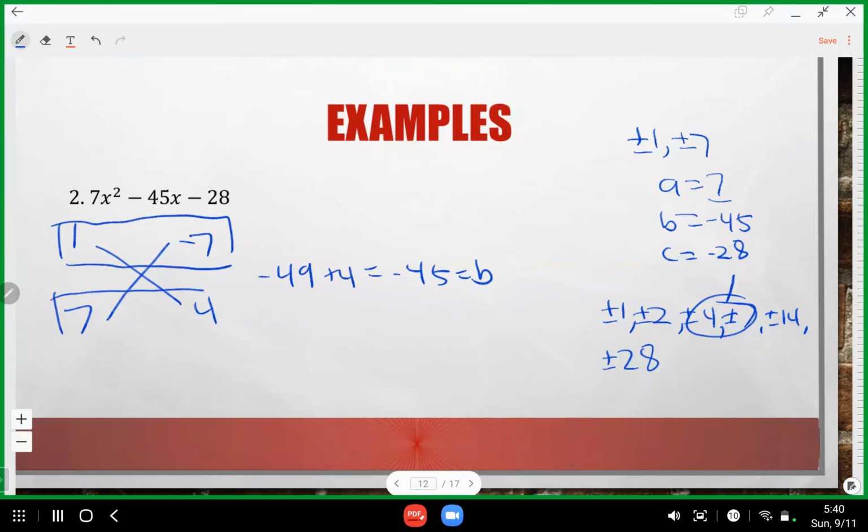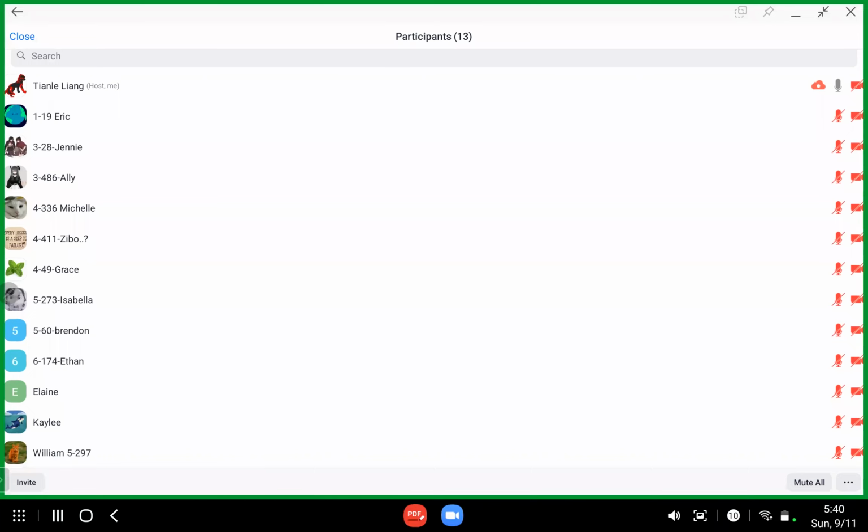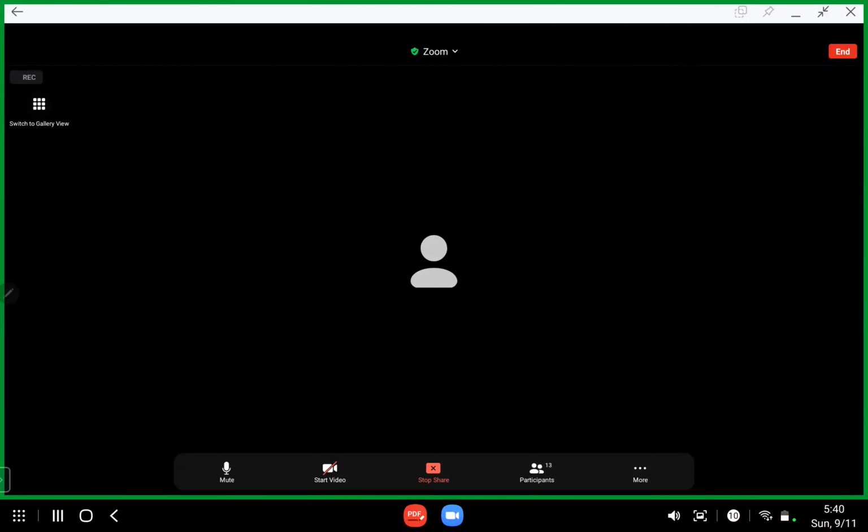So now that we have the correct factors, Ethan, what is our factorization going to be? Ethan, are you there?